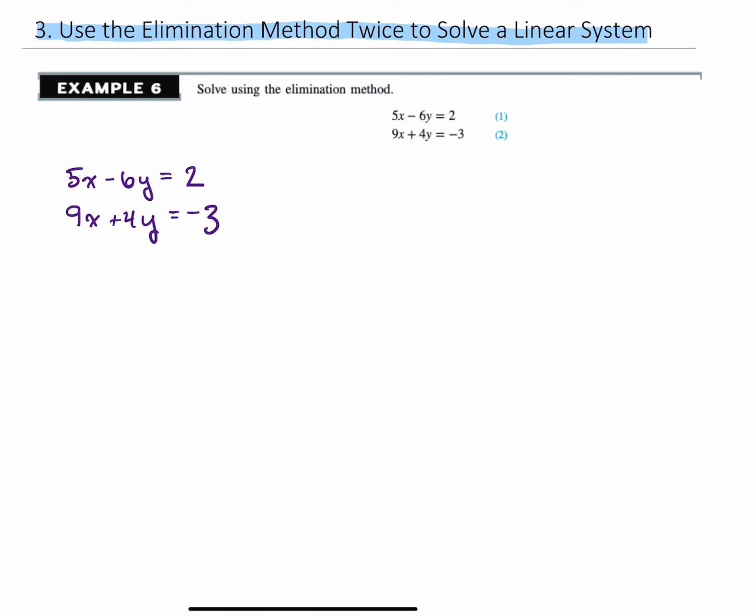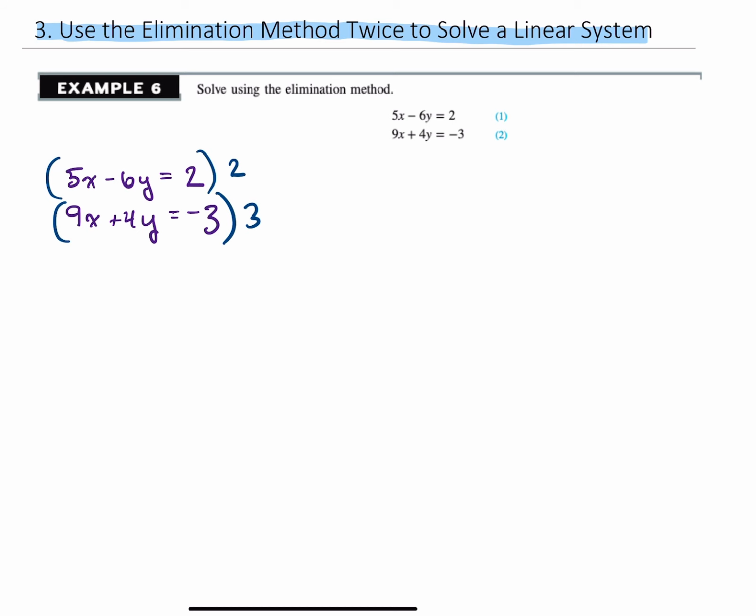So let's see. I see the 6 and the 4 again. I have negative 6y and positive 4y. So their least common multiple is 12. If I multiply this top equation by 2, that will give me a negative 12y. And then if I multiply the bottom equation by 3, that will give me a positive 12y. So we'll be able to eliminate the y's. So let's do that.